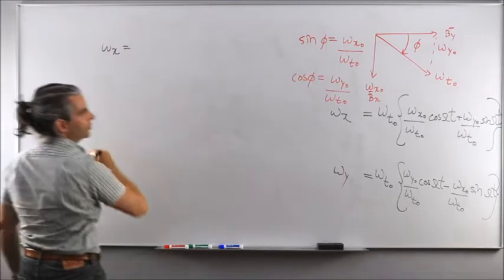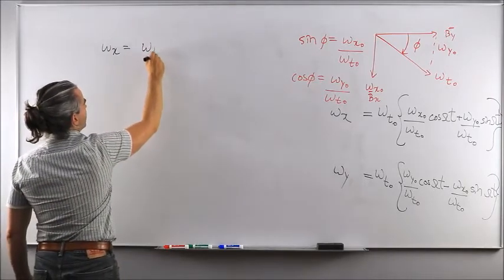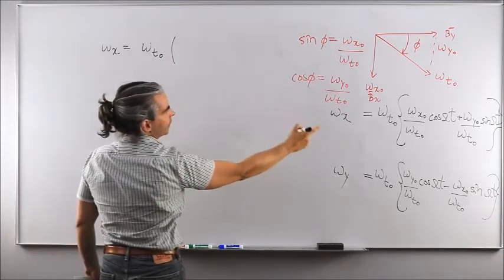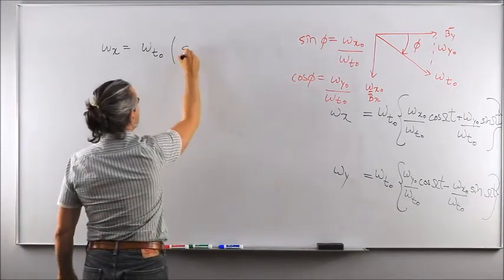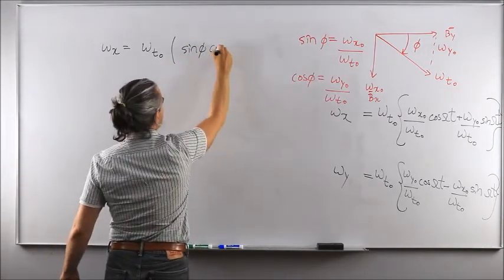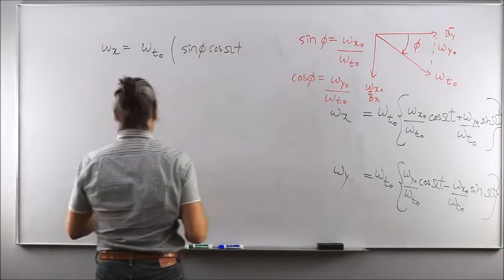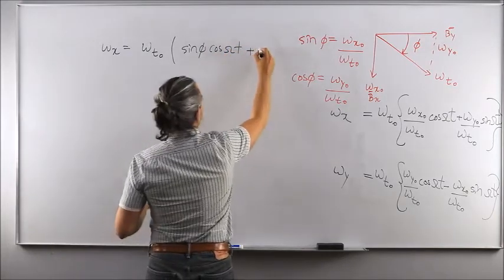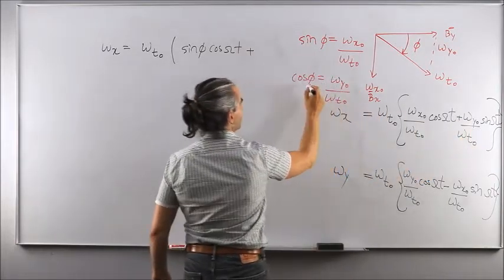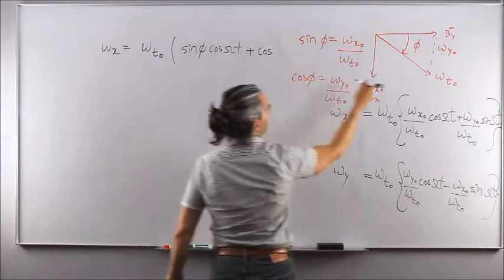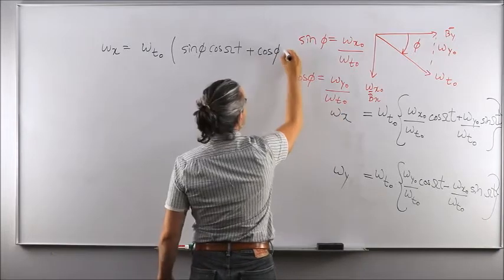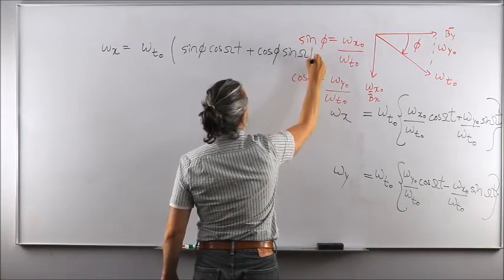and simply rewrite that omega x is going to be equal to the initial transverse angular velocity that multiplies x over t, which is your sine phi, and cos of the relative spin rate time, plus the omega y naught over omega t naught, which is cos of the angle here, so cos phi times sine omega t.